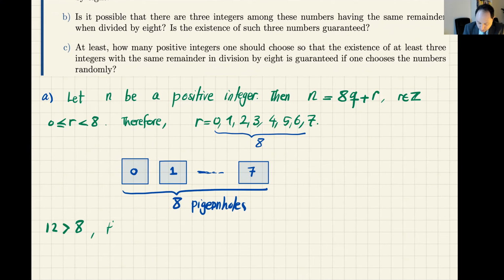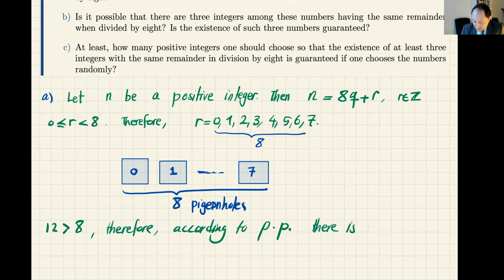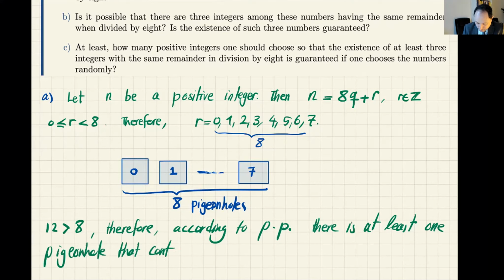So therefore, according to the pigeonhole principle, there is at least one pigeonhole that contains more than one pigeon.